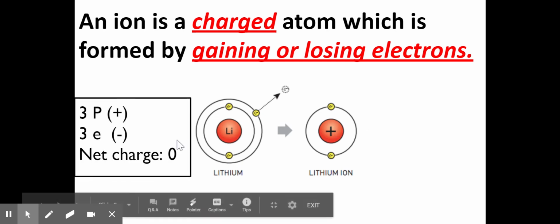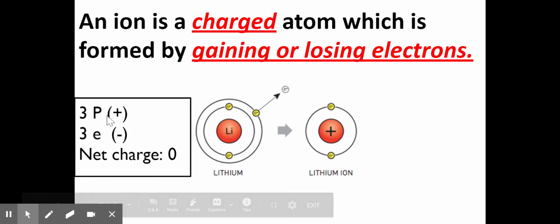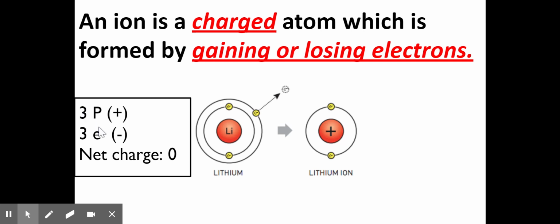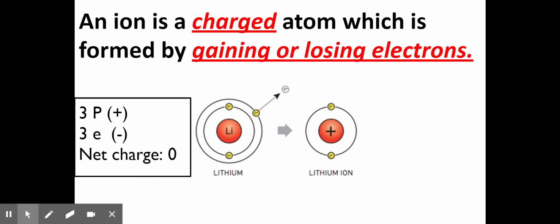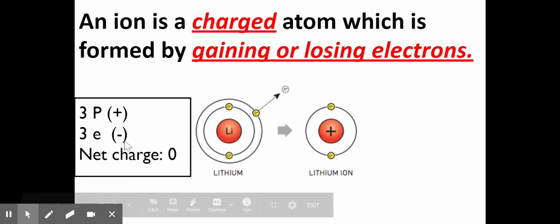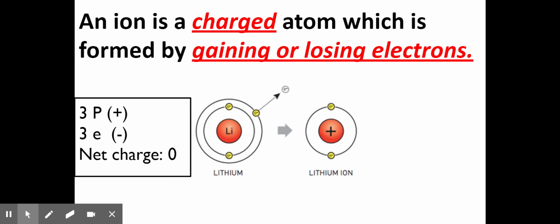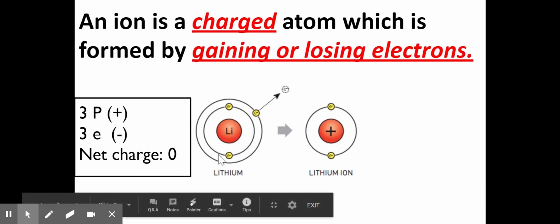Okay, if you remember, we have been saying that the number of protons is equal to the number of electrons, so they cancel out each other for a neutral atom. Normally an atom contains exactly the same number of protons and electrons. So for lithium, it has 3 protons, 3 positive, and 3 electrons, 3 negative. So 3 positive and 3 negative cancel out. So the net charge of a lithium atom is 0.